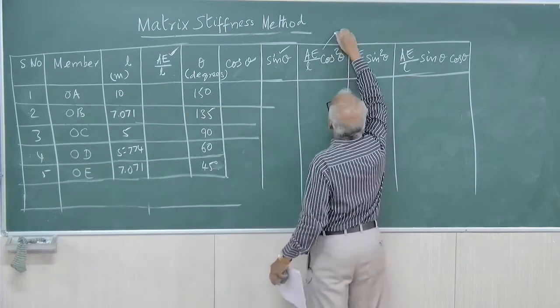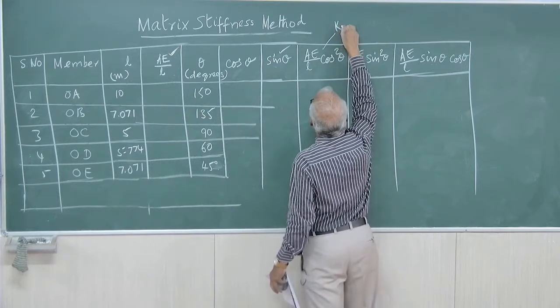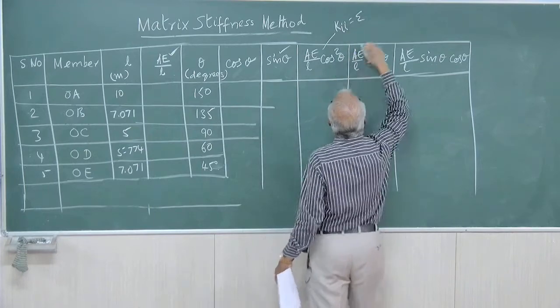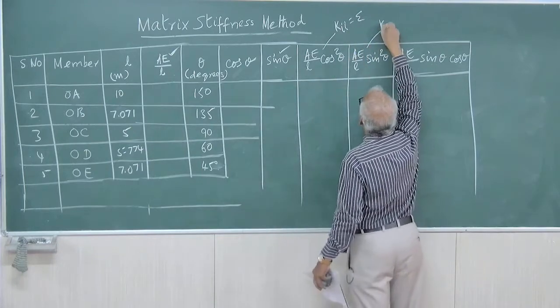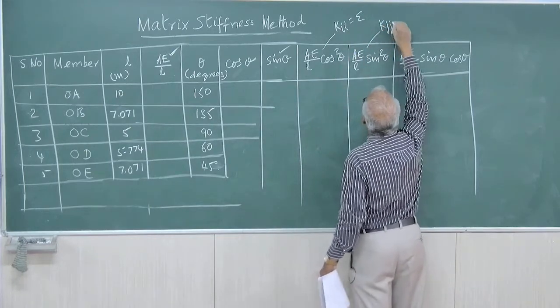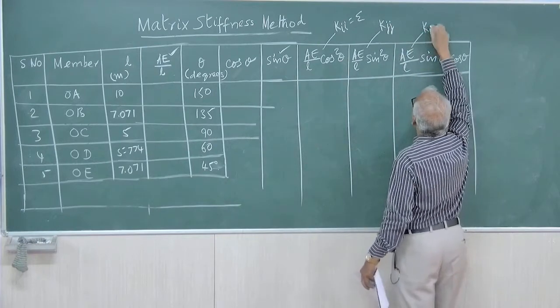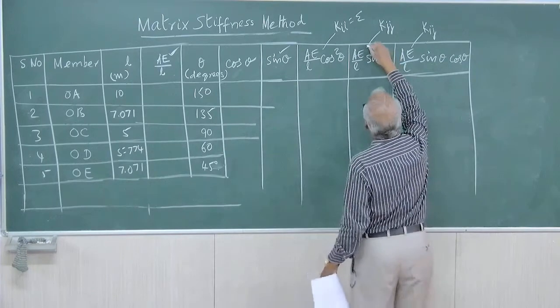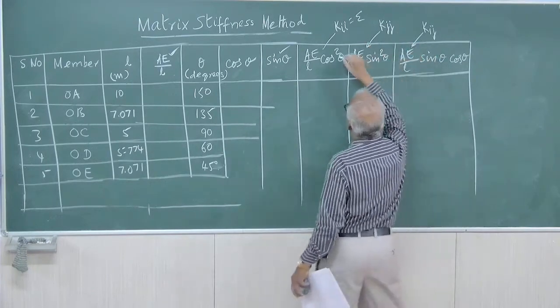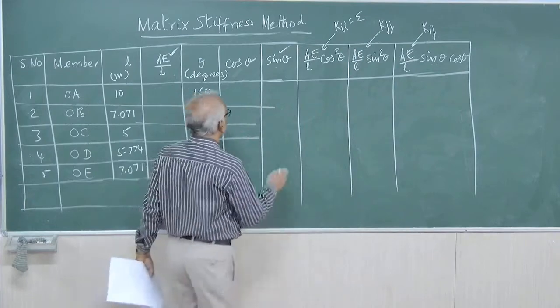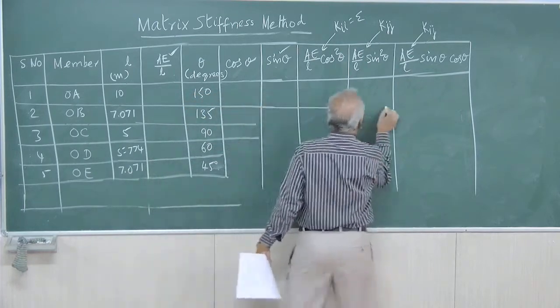This is actually KII, KII equals sigma of this value. This is actually KJJ. And this is KIJ. For getting the stiffness coefficients, we are calculating these values. You know the formulas, so it is only a question of filling the table.